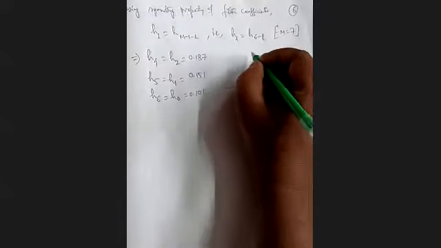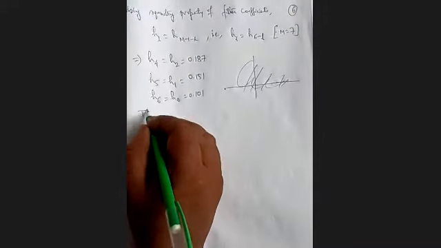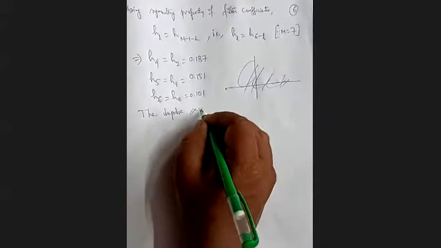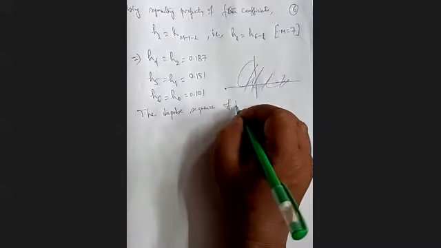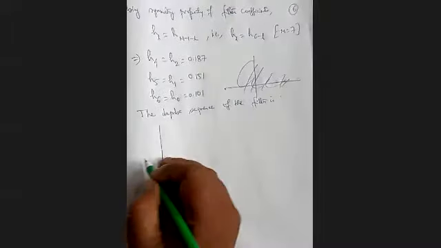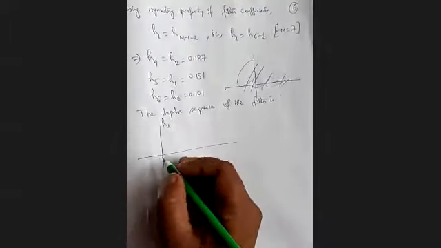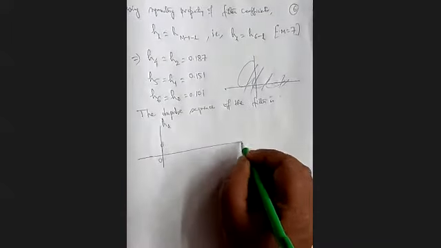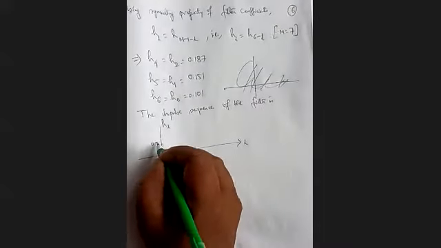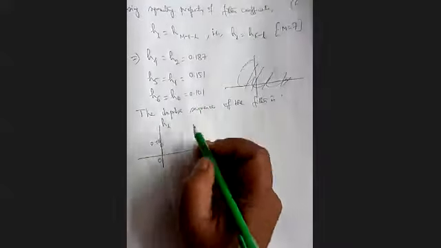Okay. So what is our HL actually? So better here I write it. The impulse sequence of the filter is HL. For L equal to 0, H0 means 0.101.